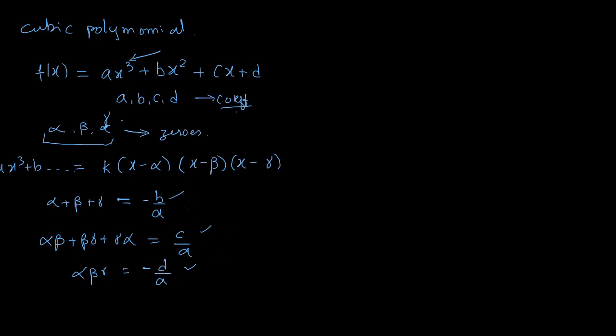These are the coefficients, these are my zeros. Sum taken 2 at a time, product of 2 zeros at a time, and this is the product of all of them. So this is the relationship between the coefficients and the zeros for a cubic polynomial.